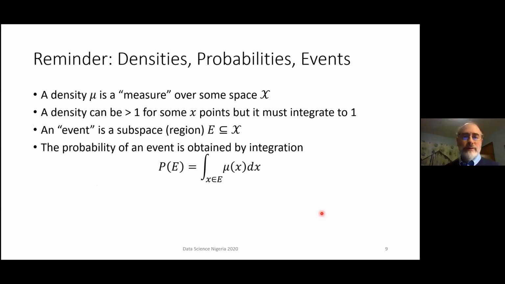Just a few reminders. I'm assuming you have seen introductory probability before. And so you know the difference between a density and a probability. So density is a continuous function over the input space that is non-negative, but can be larger than 1.